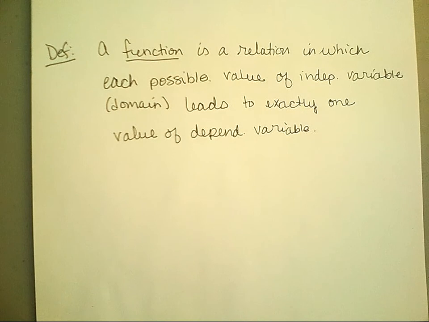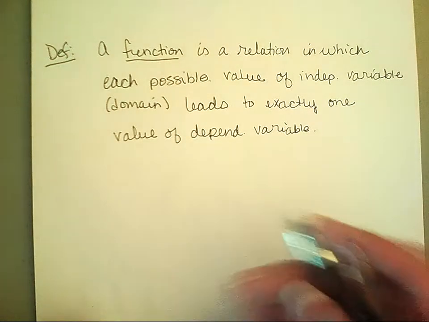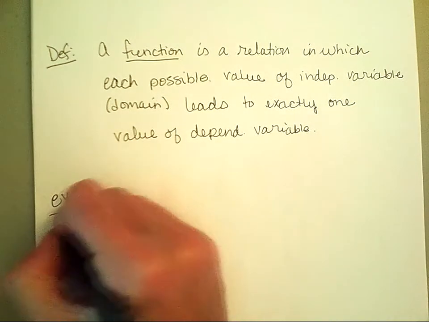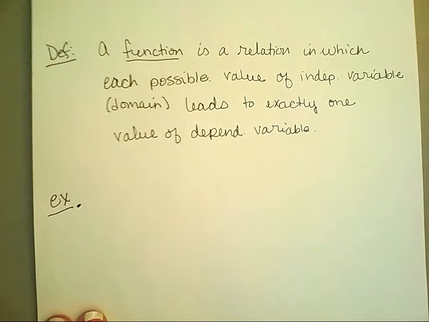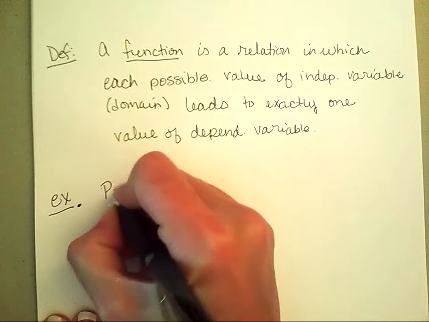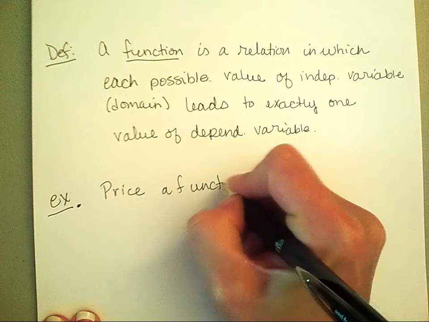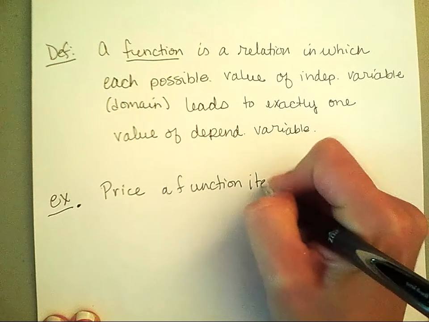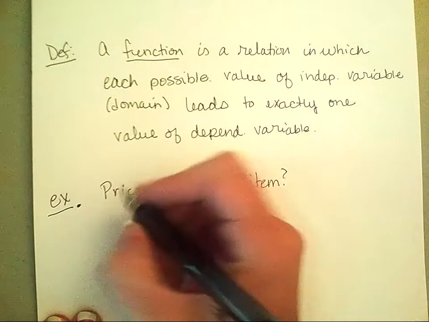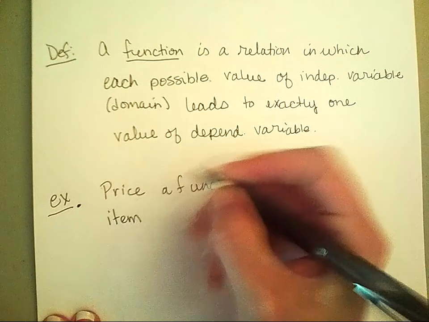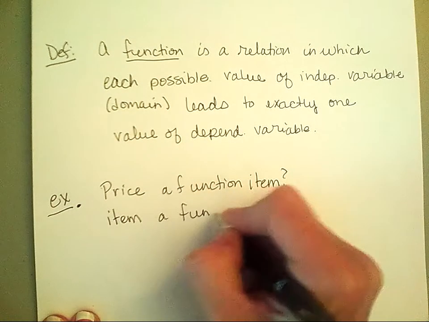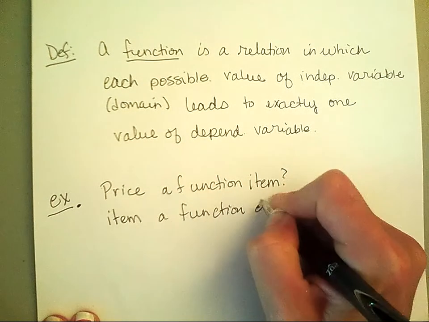Well, we could do our mapping here. We're wondering, is the price a function of the item, or is the item a function of price?